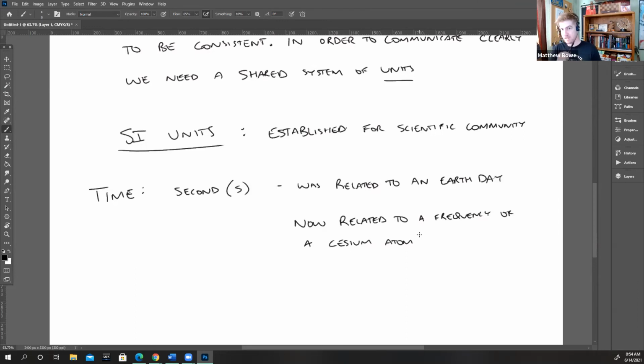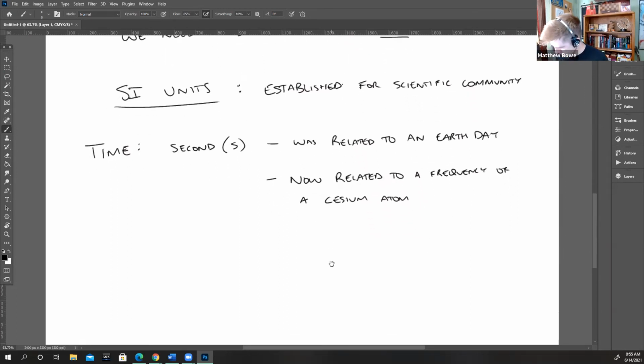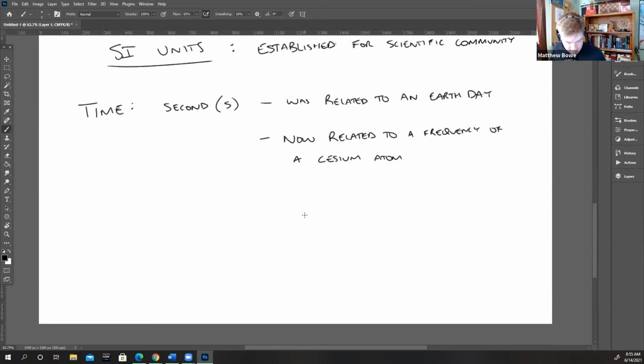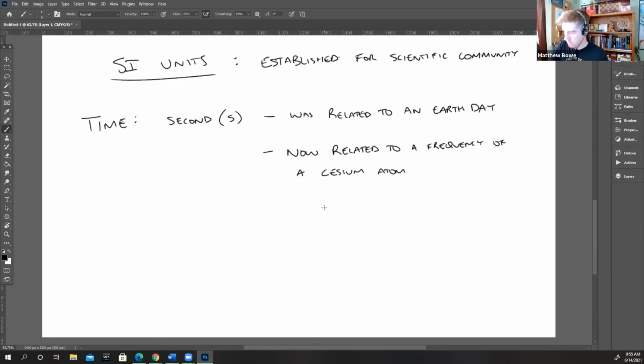They're just saying this thing will oscillate a set number of times, and that's 1 second, and that will always be the case. So it's more permanent. Okay, time. What else?